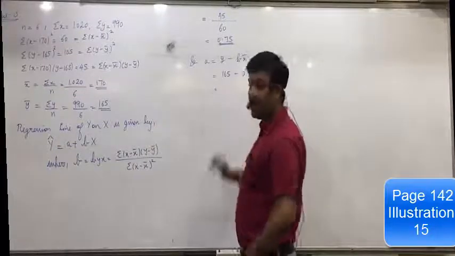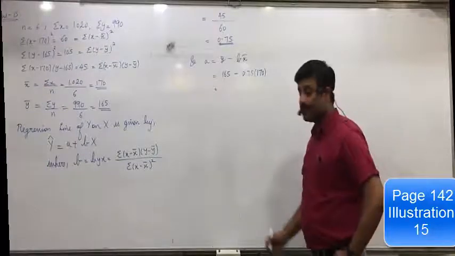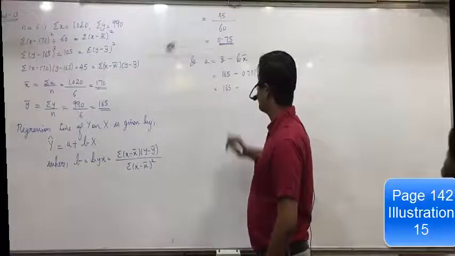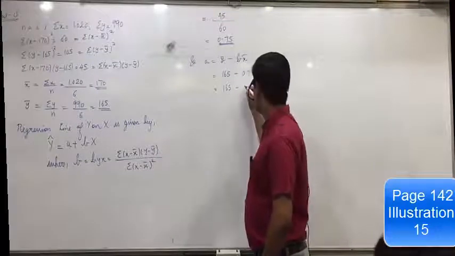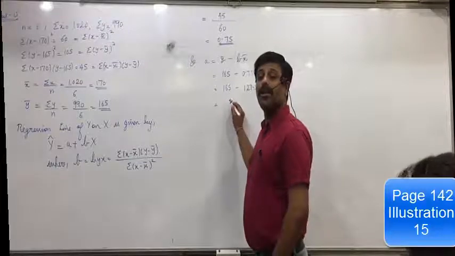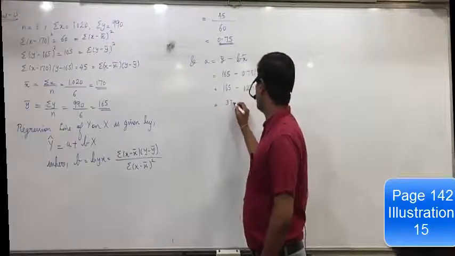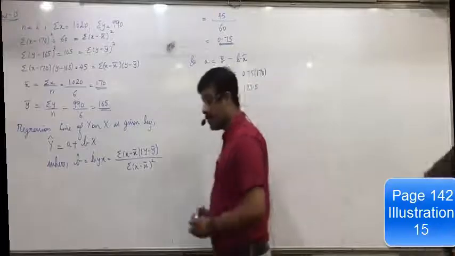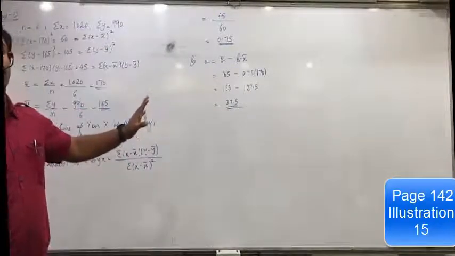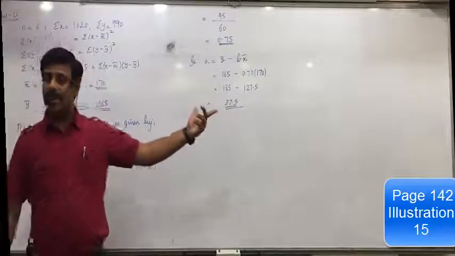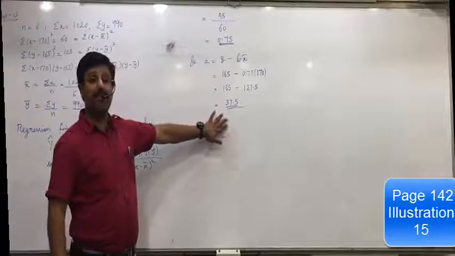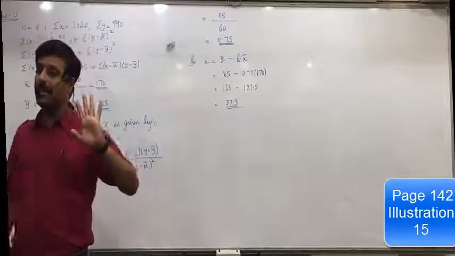Any confusions? Khushali, further? 165 minus 127.5, 37.5. Yes, stop talking in between. 37.5. What is this? Autonomous value of y, which does not depend on x. Means whether the height of father changes or not, minimum height of son will be 37.5 centimeters. Is everyone clear with that?